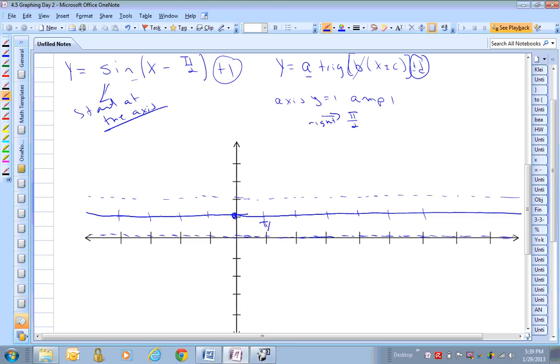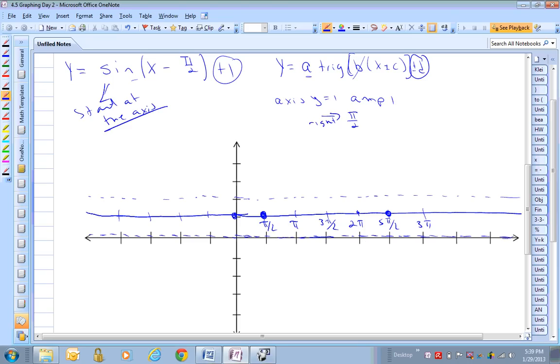We're going to go pi over 2, pi, and then 3 pi over 2, 2 pi, and then 5 pi over 2, 3 pi, and etc. Since our original graph would have gone from 0 to 2 pi, our new graph is now shifted to the right by pi over 2. So this point will shift to here, and this pi over 2 will shift to here. So the domain of this graph now is going to run from pi over 2 to 5 pi over 2.